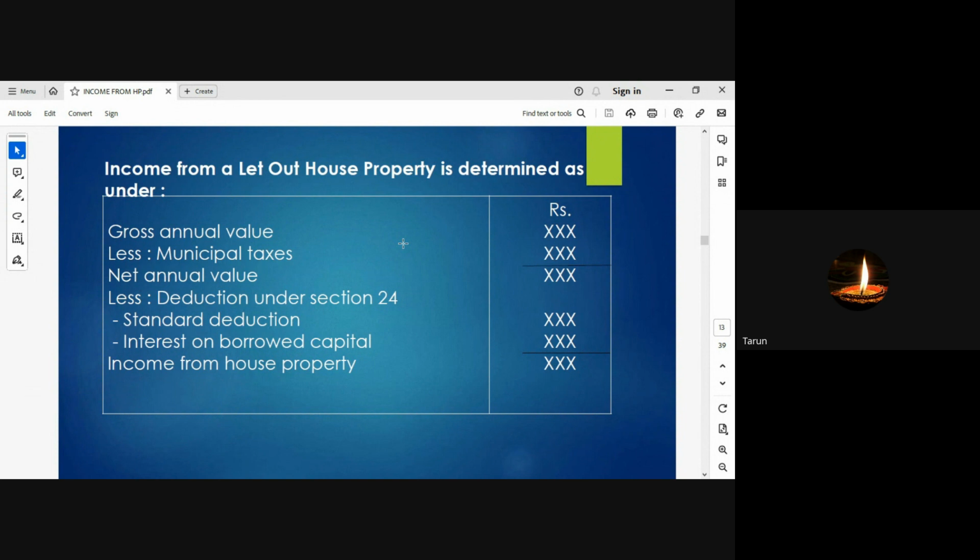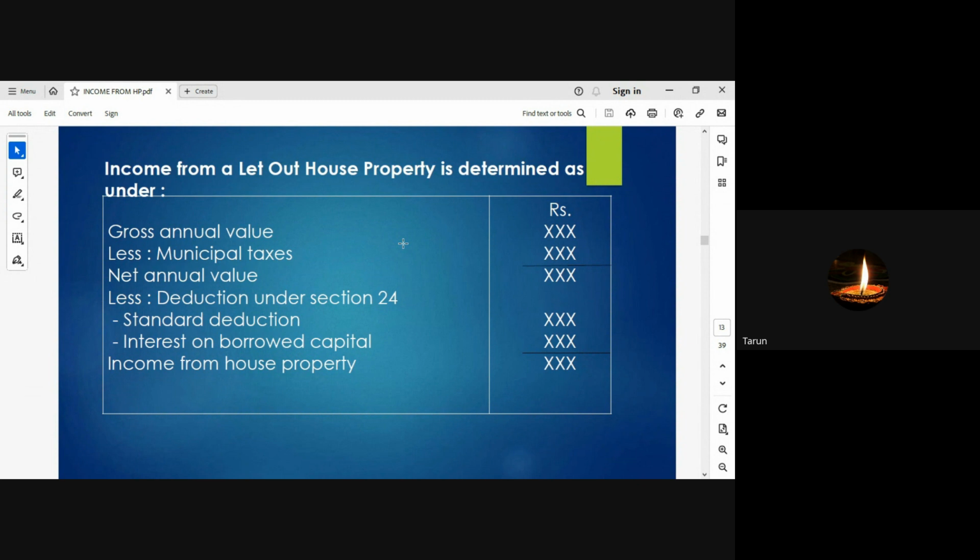So let's begin the format of how to calculate the income from a let-out house property. If you own a property and want to let it out, what is the process of calculating the income from it? First is the gross annual value, the annual value of the property.